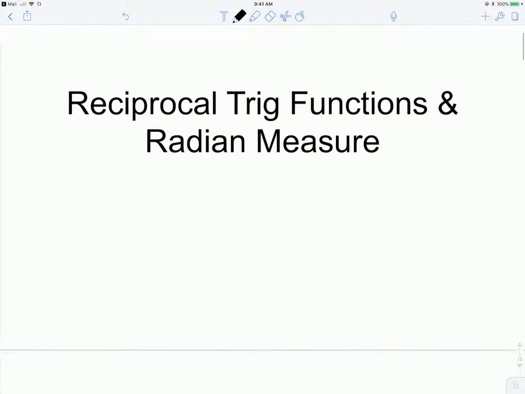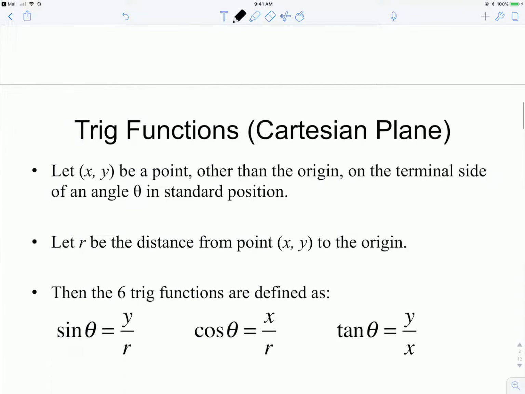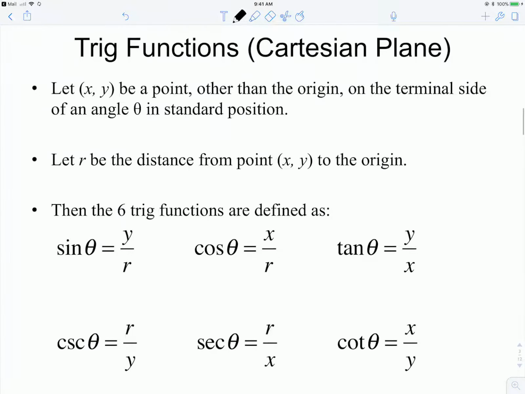In the last lesson, we ended by defining the trig functions as ratios of x, y, and r, so that we could look at the trig functions as the outputs as ratios of values of x, y, or r, where x and y are just points in the Cartesian plane, the xy plane, and r is always the distance of a point in the xy plane to the origin.